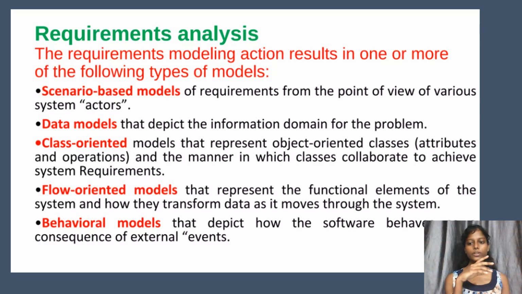Data models depict the information domain of the problem. Class-oriented models represent object-oriented classes and the manner in which classes collaborate to achieve system requirements. Flow-oriented models represent the functional elements of the system and how they transform data as it moves through the system. Behavior models depict the software behavior as a consequence of external events.